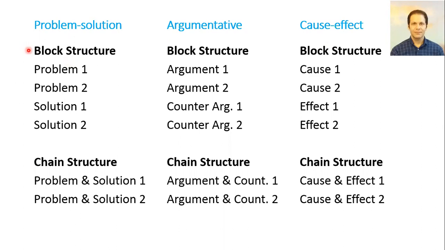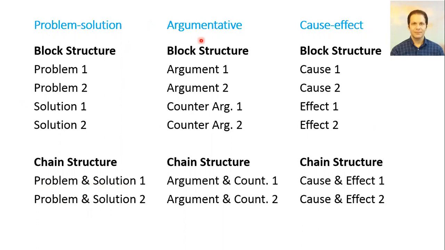In a block structure, for example, if you are writing a problem solution paper, you can start with problem 1, problem 2, problem 3, problem 4, or as many problems as you have. And then you can proceed to solutions. Solution 1, solution 2, solution 3. But in a chain structure, problem 1 is followed by solution 1, and problem 2 is followed by solution 2.